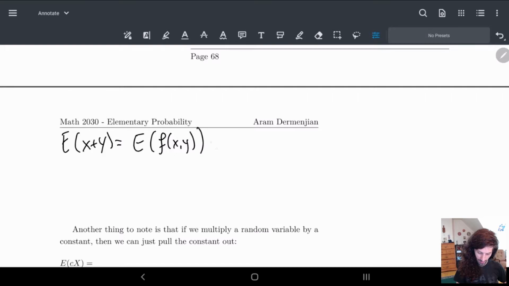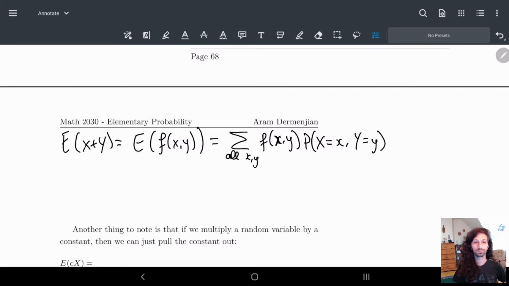So let's look at this in a summation formula. This is going to look over every x and y, and we'll have x and y here. Because we can just pass things through, we don't have to worry about things. We just get x equal to x and y equal to y.